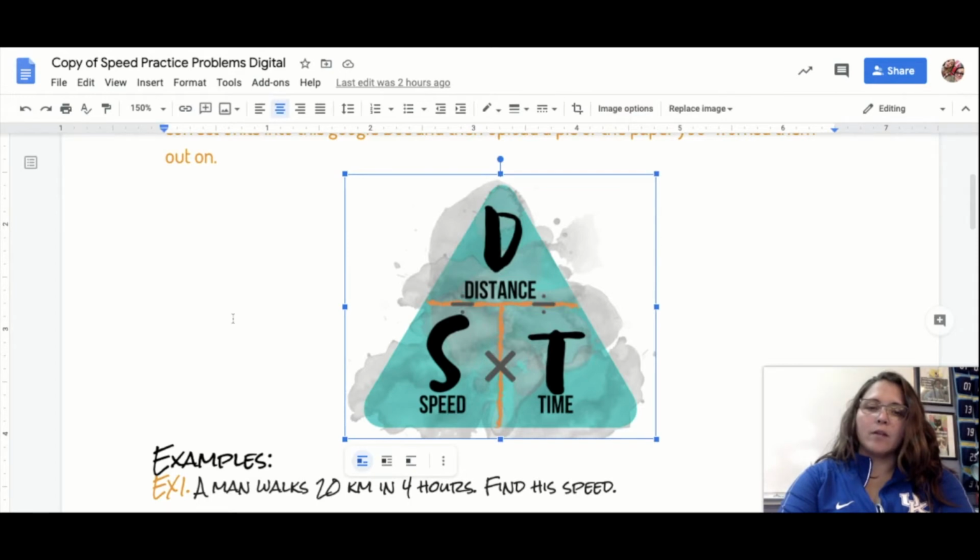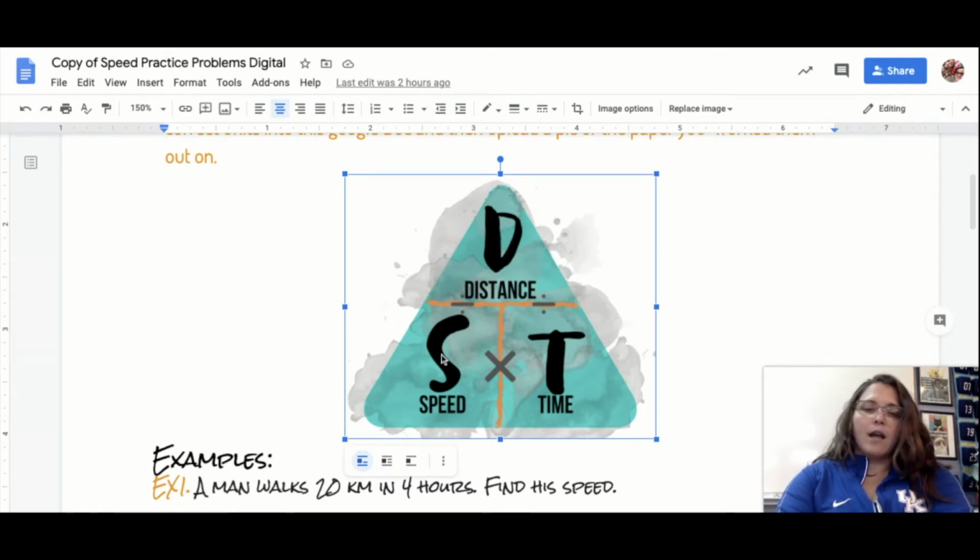So how this works is when you're looking at this triangle, you have distance on the top, speed and time across the bottom. Whatever my problem is asking me to solve for, I would cover that up with your finger or whatever, and then your formula is what you're left with.